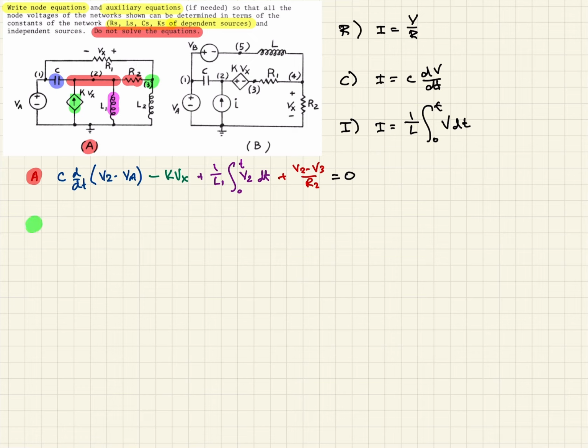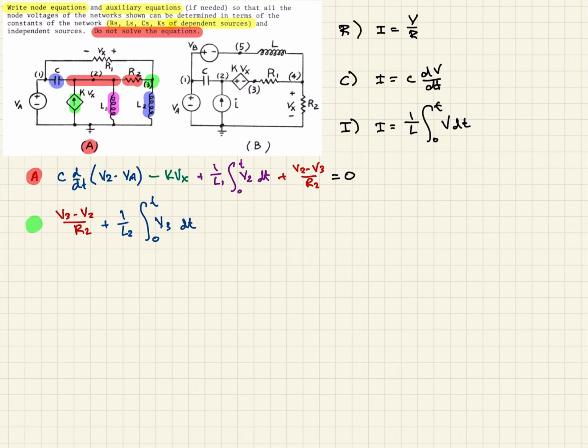We already got R2, so that's just going to be V3 minus V2 over R2. Next, we have this inductance, which is going to be plus 1 over L2 times the integral of V3 from 0 to t dt.